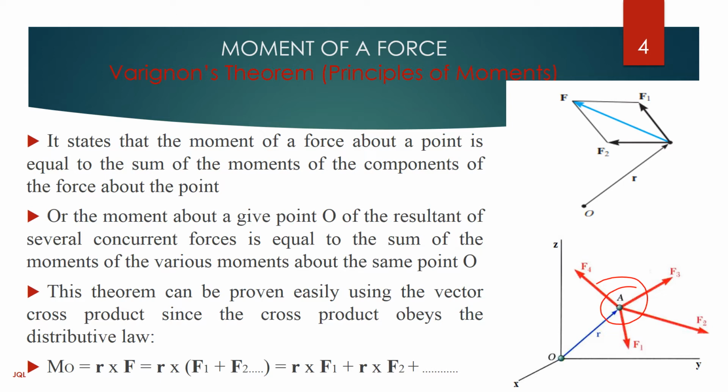They are coming from A. For you to calculate the moment about those, you just have to have one position vector. Position vector multiplied, then you put in brackets your first force, second force, I don't know how many they are. You get the same moment. This is what this means. This is not supposed to confuse you.